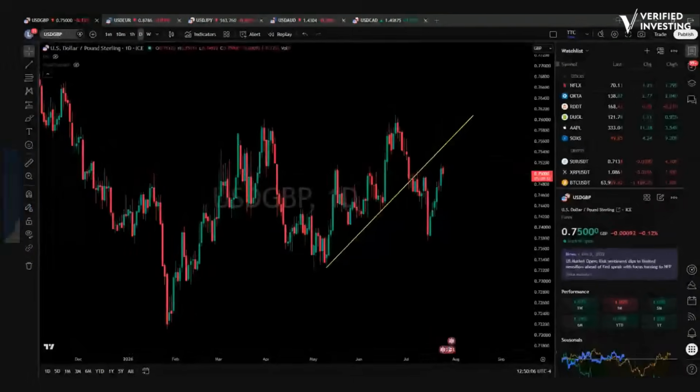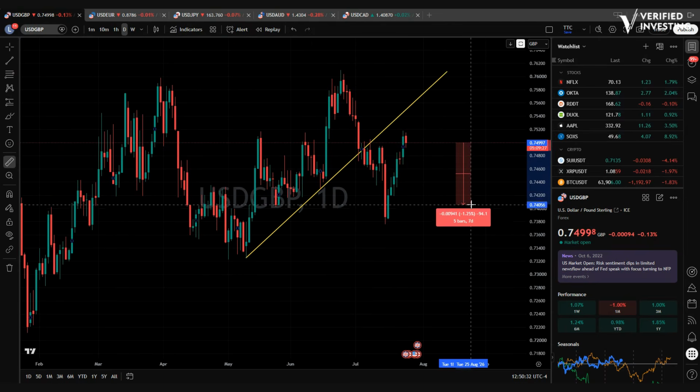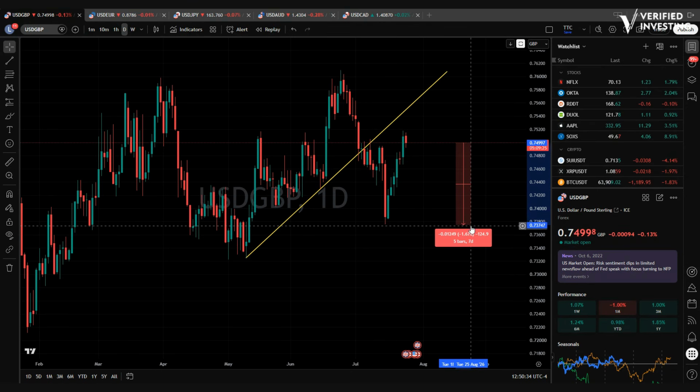Here with the USD, Great British Pound. Interestingly enough, the last time I talked about this, and I know some other traders have talked about it since, we were continuing to test this upsloping trend line here on USD GBP, and it looked like it was going to fall, that the USD was actually going to get a bit weaker compared to the Great British Pound, and you saw that it eventually did break, falling about 1.6%.